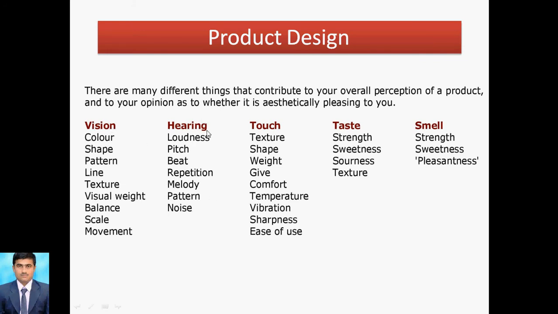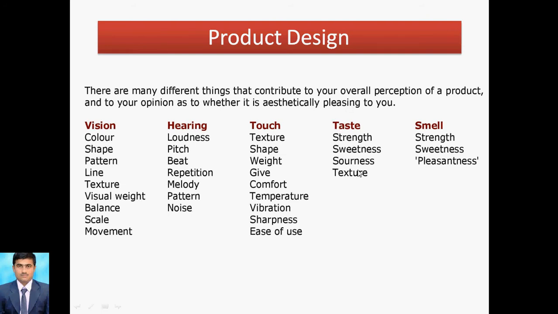Some customers check with hearing also, that is loudness, beat, repetition, melody and noise pattern. Then touch, which covers texture, shape, weight, comfort, temperature and vibration. These are also parameters we check with the product.